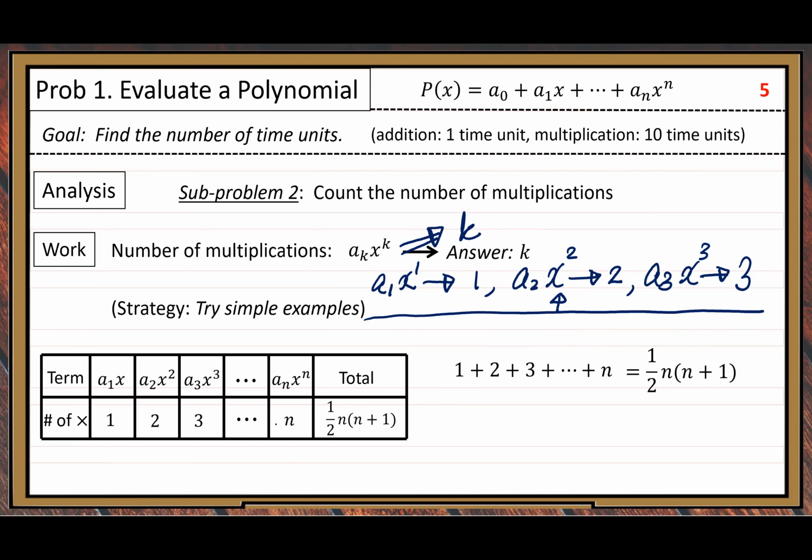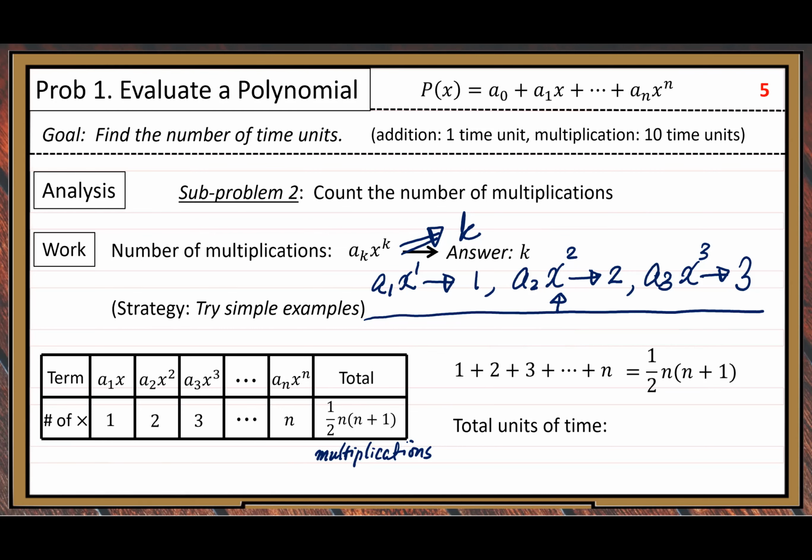We are familiar with this formula, right? In our discrete math, we learned this formula. So the total number of multiplications is this many multiplications. Not time units. This number is the number of multiplications, not the number of time units.